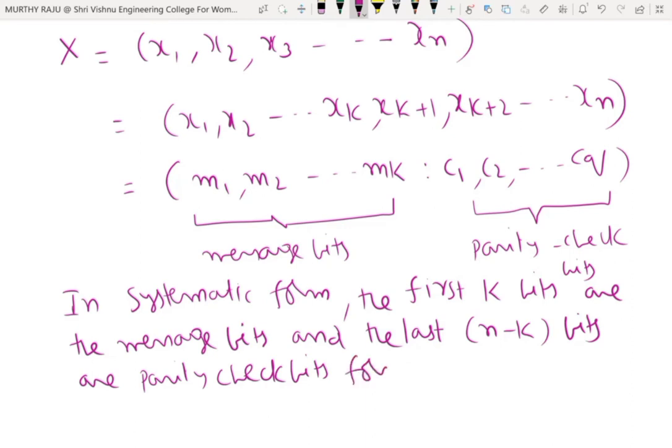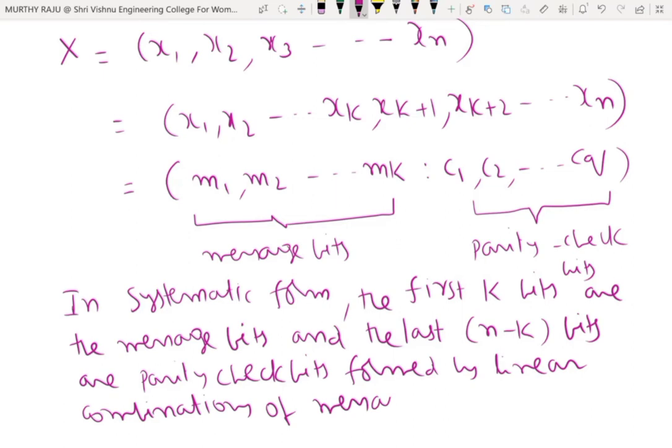The parity check bits are formed by linear combination of message bits. M1, M2, and so on up to Mk are the message bits.